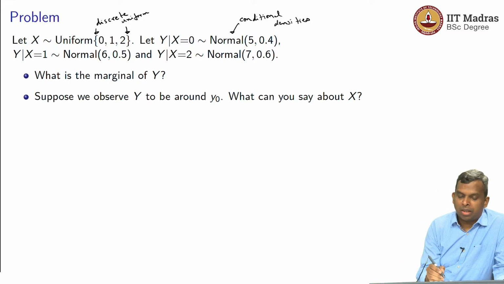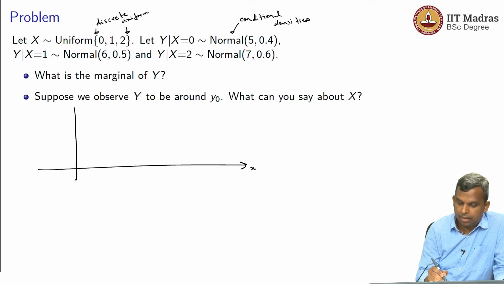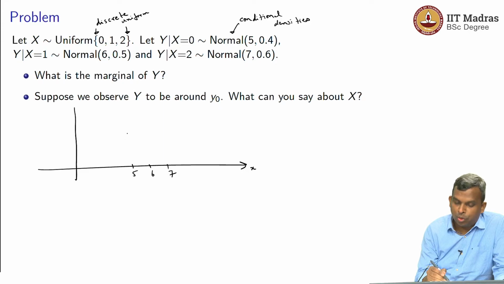Maybe I should draw the three of them and give you a sense of how they look. Let's look at 5, 6, 7. Maybe 5 is here, 6 is here, 7 is here. This Y given X equals 0 is normal(5, 0.4). 0.4 would be a low variance guy, so it goes a little bit higher and then falls off a bit faster.